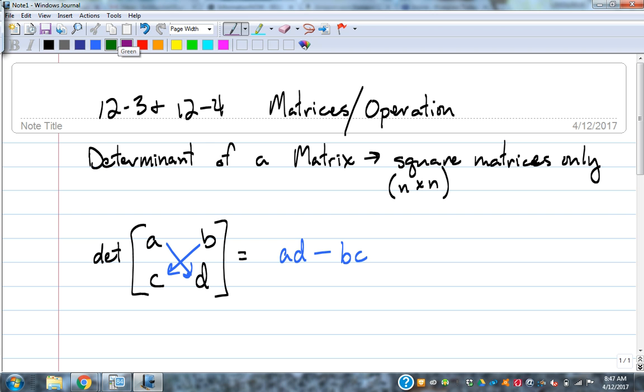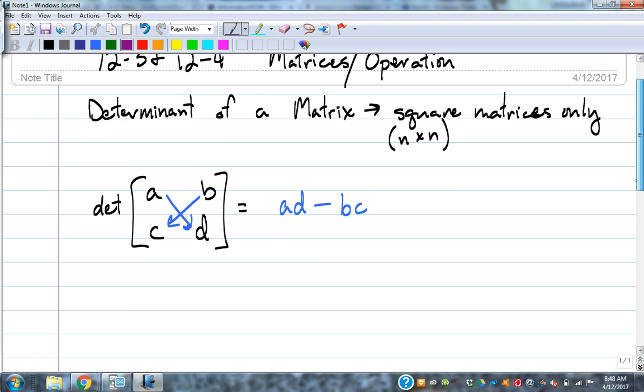It's not how you do any other size, but for a 2 by 2, that's how you do it. I'll show you how to do it on the calculator as well, but it takes me longer to type it in than to just multiply and subtract, honestly.